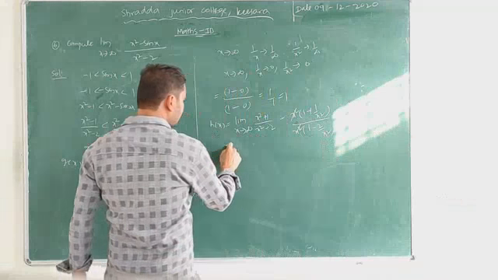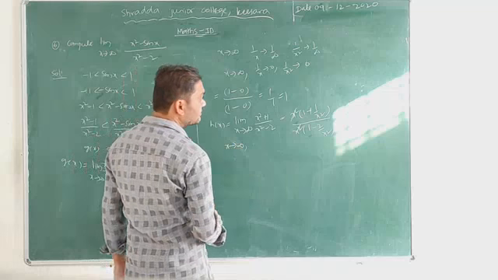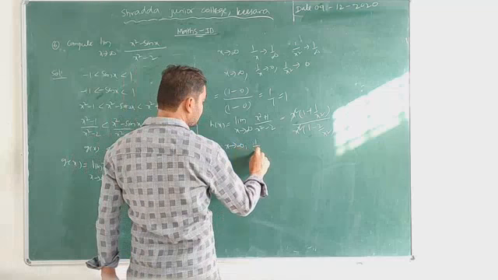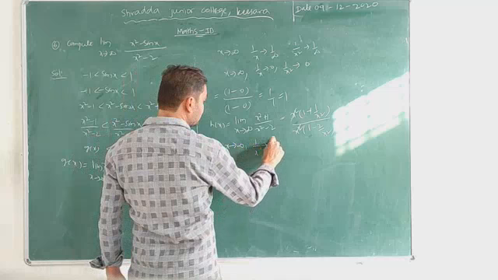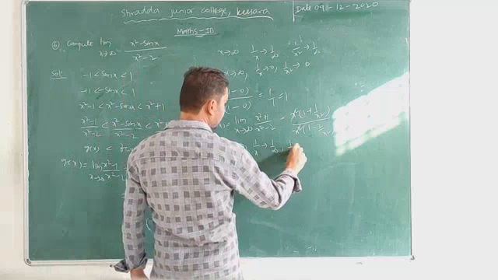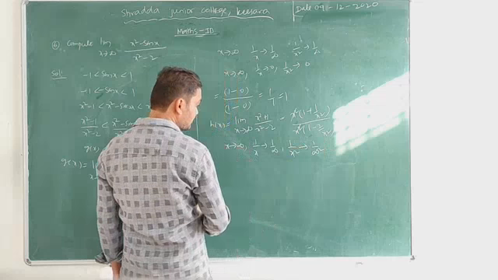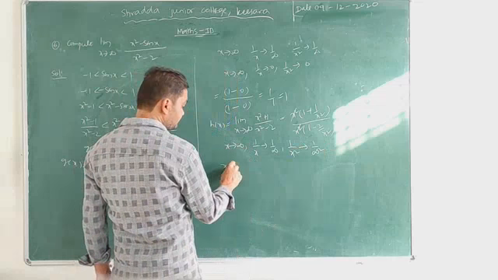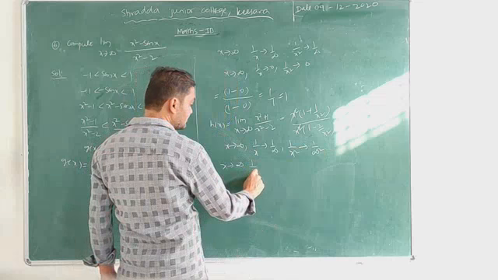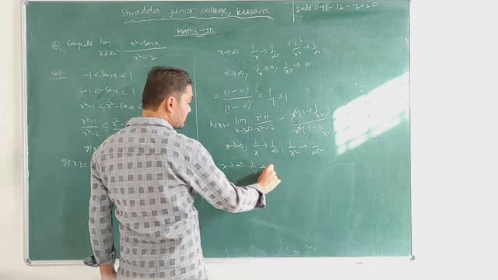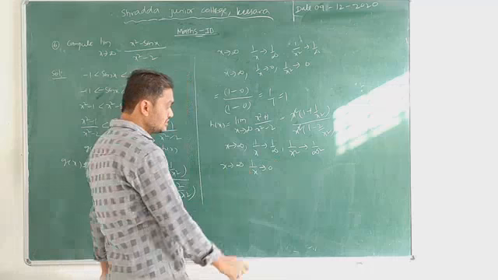Now see, here also x tends to infinity, means 1 by x tends to 1 by infinity, 1 by x square tends to 1 by infinity square. x tends to infinity means 1 by x tends to 1 by infinity, that is 0.